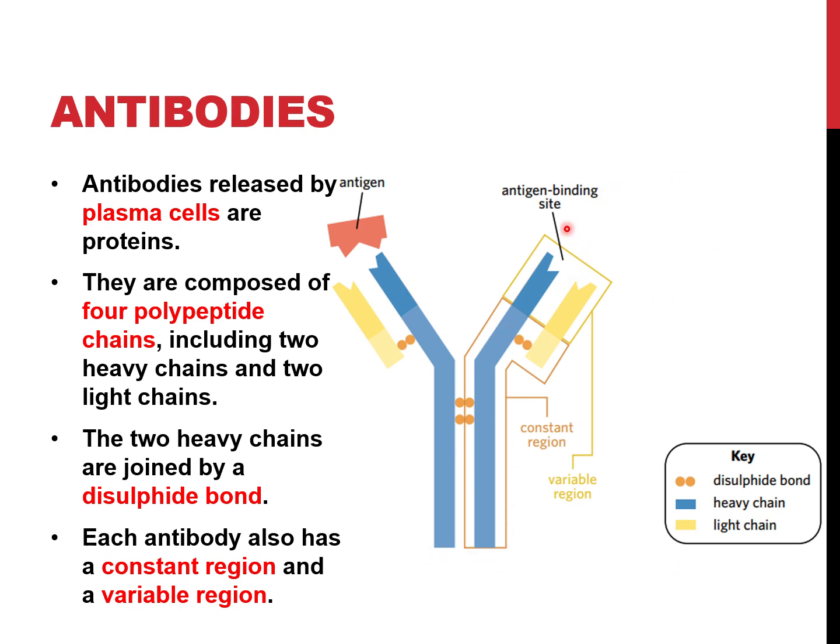Okay, and they're connected by disulfide bonds, and each antibody has an antigen binding site, which is a variable region. So that changes and is specific to a different pathogen's antigens.